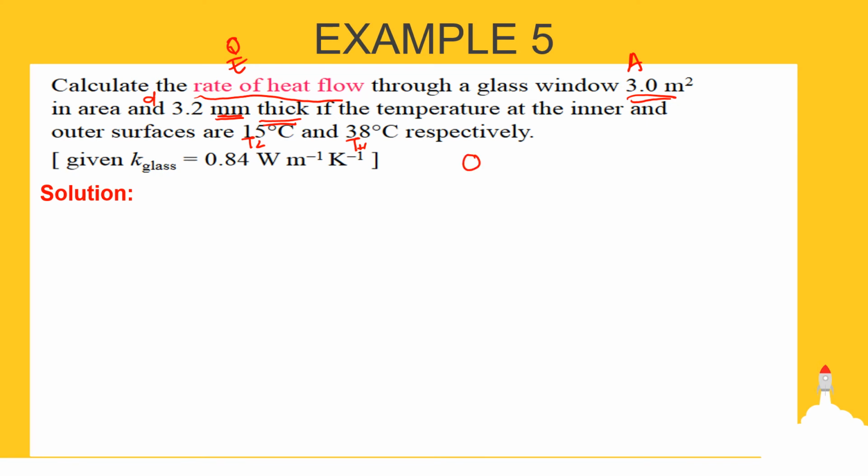So rumus tadi kita ada Q over T is equal to K A delta T over D kan. So masukkan semua nilai. K awak dah ada. And then A pun kita dah ada, 0.84 darab dengan area adalah 3 darab dengan delta T. Ingat dia sentiasa kita nak dapatkan dia positive value.